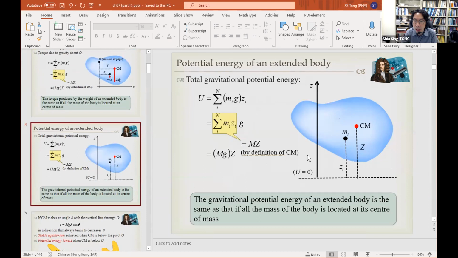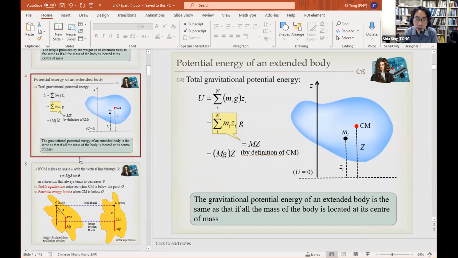And you can also express the potential energy of an extended object by using the height of its center of mass, z. So the potential energy of the extended object is mgz.